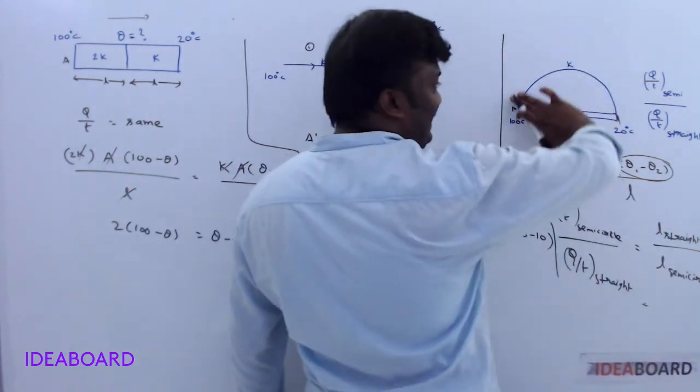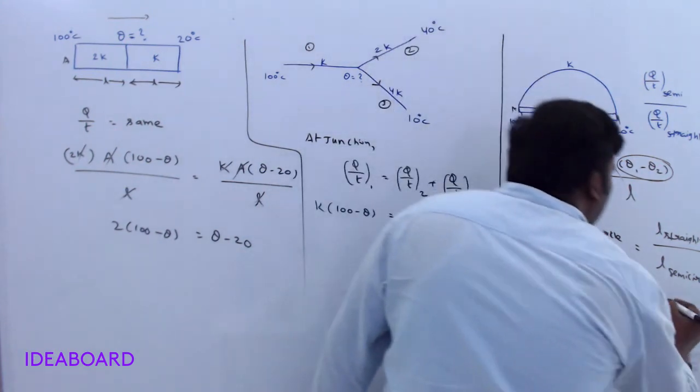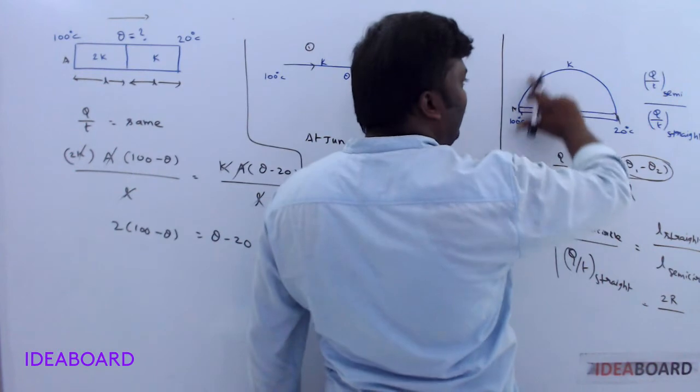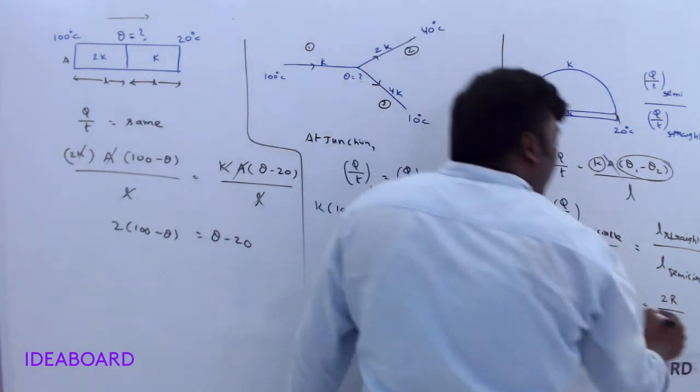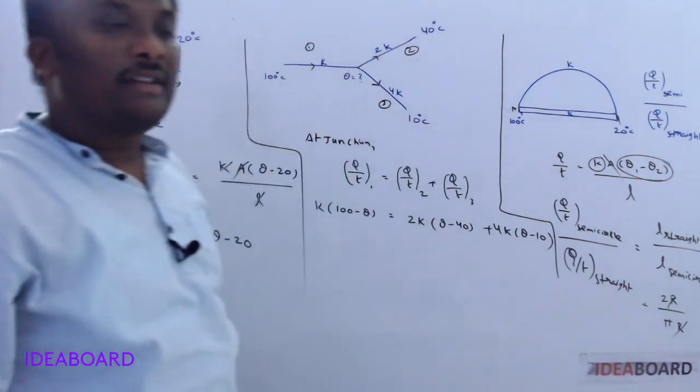The straight wire is the diameter, that is 2R, and the length of the semicircle is half of the circumference, that is pi R. So R cancels, and 2 by pi is the answer.